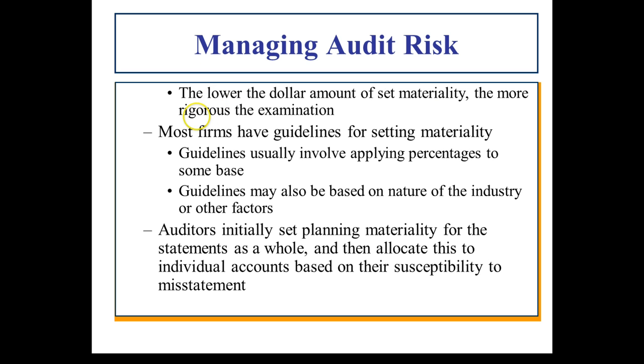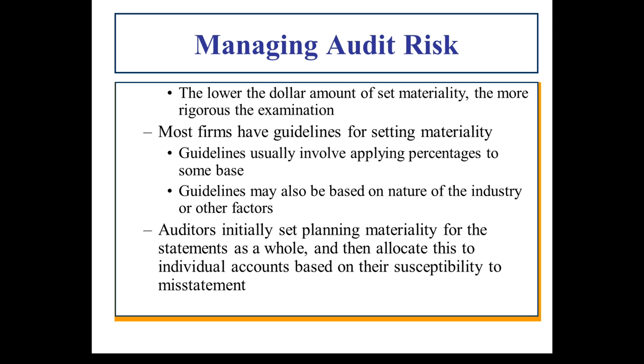The lower the dollar amount of set materiality, the more rigorous the examination. What that mainly means is if it's material for me to be off $1,000 versus $4,000, in other words, with an audit it becomes a material issue if I'm off 1,000, that means the audit needs to be much more involved and detailed because they have to do more testing and checking than if materiality would play out in a $4,000 area.